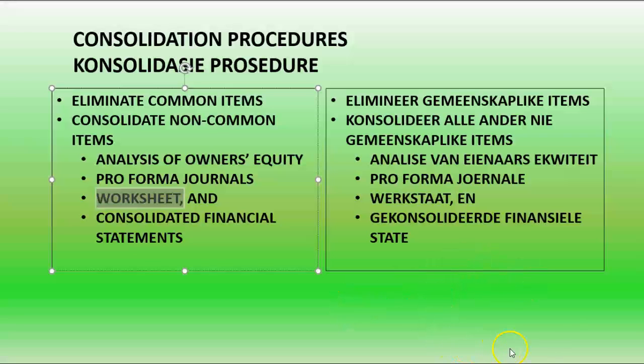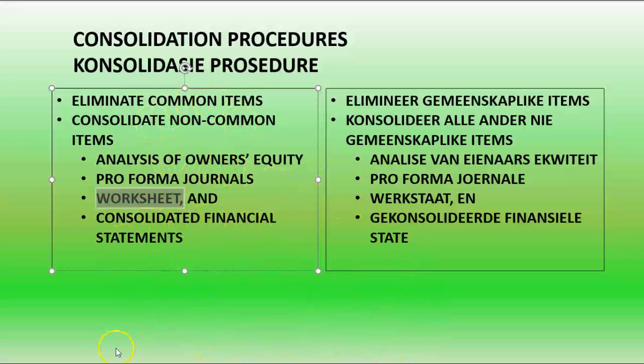And then you're going to have your final set of consolidated financial statements, which will be all your assets added together of your holding company and your subsidiary company, except the intergroup assets, which you're going to eliminate in your pro forma journals. So what you're going to end up with eventually is only the consolidated financial statements, which is an aggregation of figures between the holding company and the subsidiary company after I've taken out certain pro forma common items.